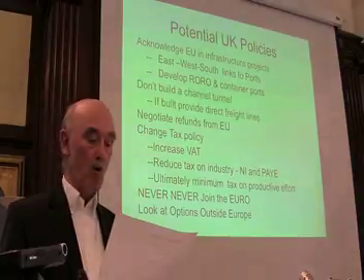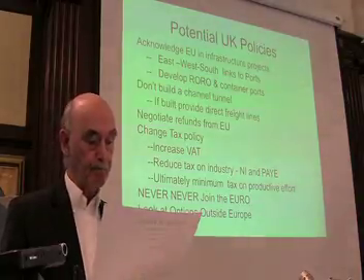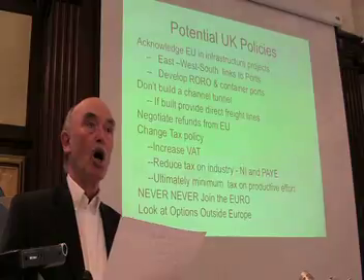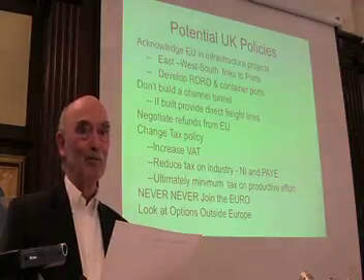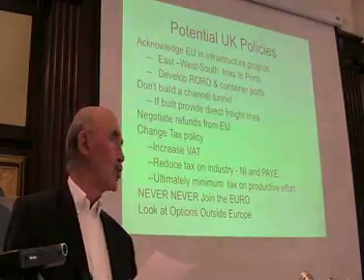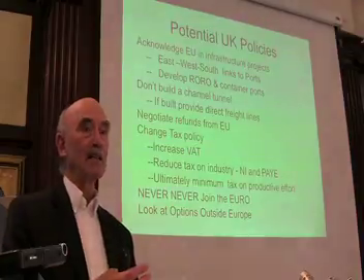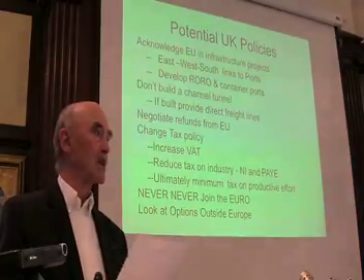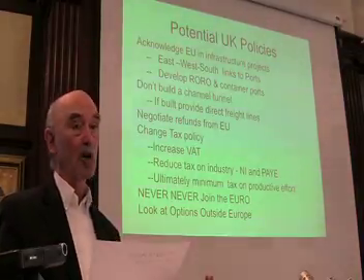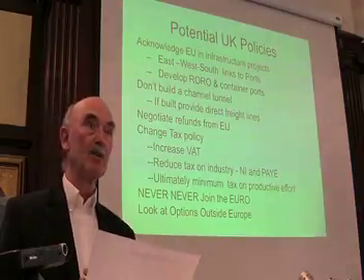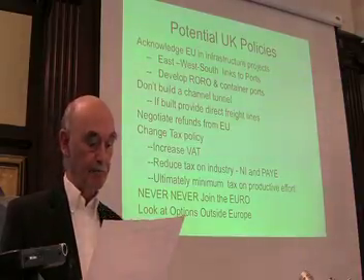Develop roll-on, roll-off and container ports, and then don't build a channel tunnel, because all that does is give European manufacturers direct access to our biggest market, whereas for our manufacturers to get to it, they have to go right past and through London, and it's very slow and expensive.